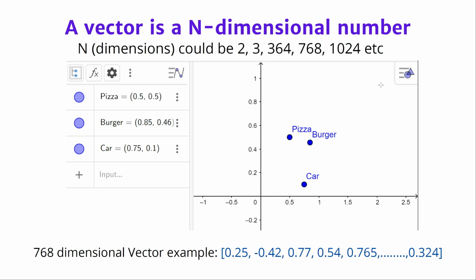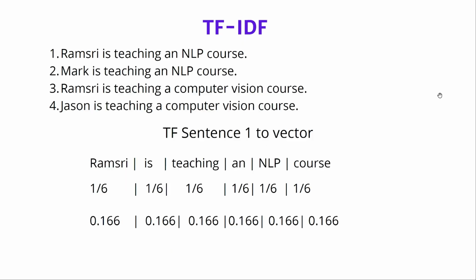And this is the holy grail of NLP, where we can convert any text, sentence or collection of paragraphs into a single vector, because now we can do all the mathematical operations like addition, subtraction of vectors, or finding nearby vectors in the vector space, doing clustering and all these things. So that's where the magic happens once you're able to convert any text or sentence or a paragraph into a vector. That's why we heavily focus on vectors.